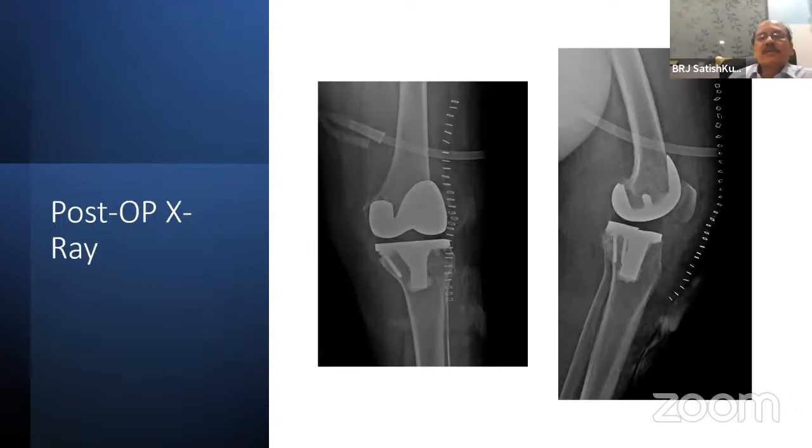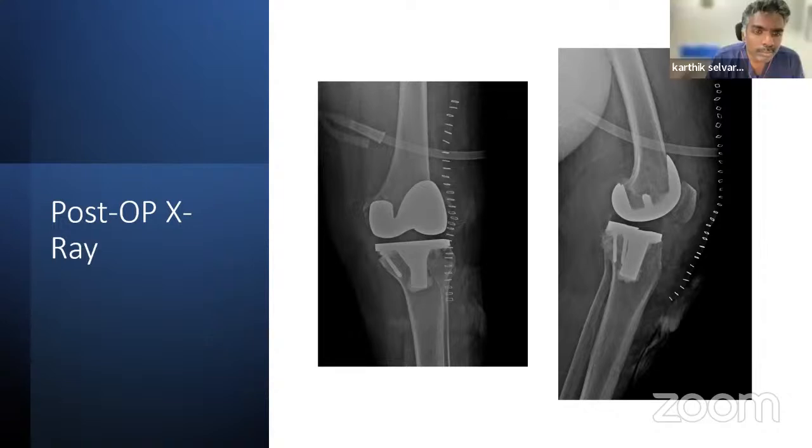I generally do not use a disc insert whenever I see lateral subluxation. It's always a PS. I think it is a valid point, and we will take it home. So when there is lateral subluxation, you better go for PS. That gives a mechanical block in the initial phase till the lateral side gets a little bit tight. This cam and post will prevent the minor lateral subluxations.